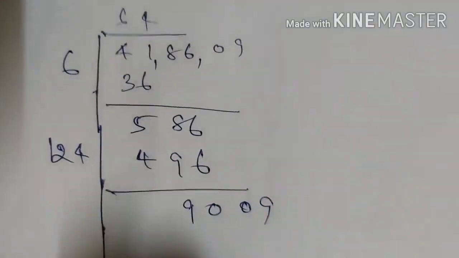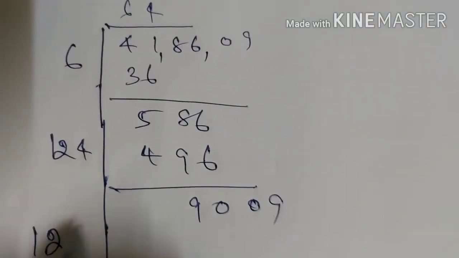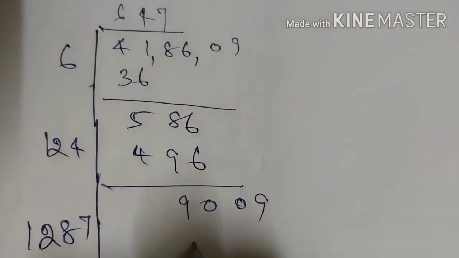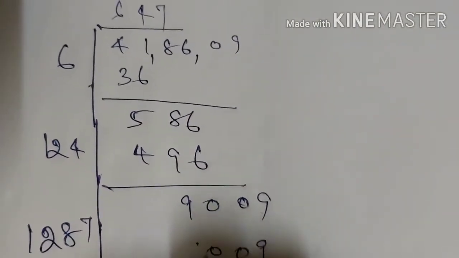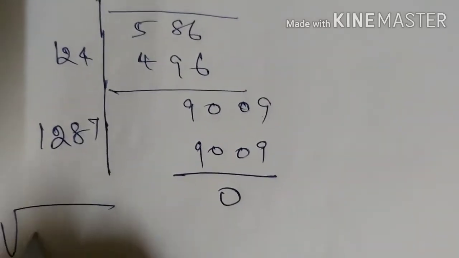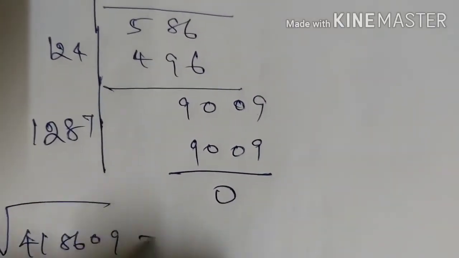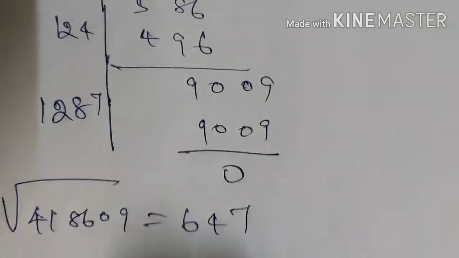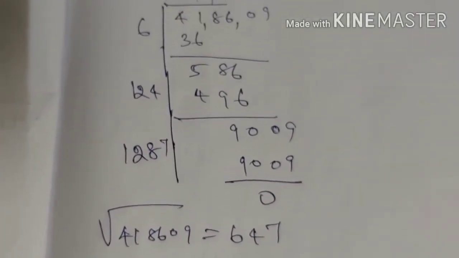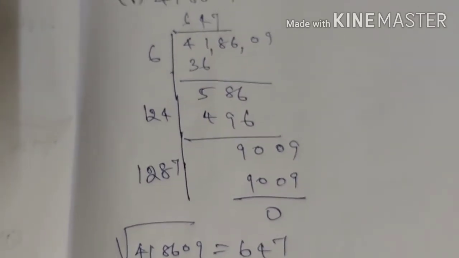Answer is 496. Remaining value 90. Again remaining number 0 9, 12. 4 2s are 8. 9 coming means definitely 7 table or 3 table. This is a big number only. So 7 I multiply. 7 multiply means 9009. So the square root number is 647.